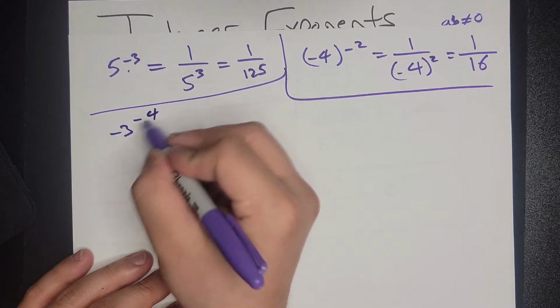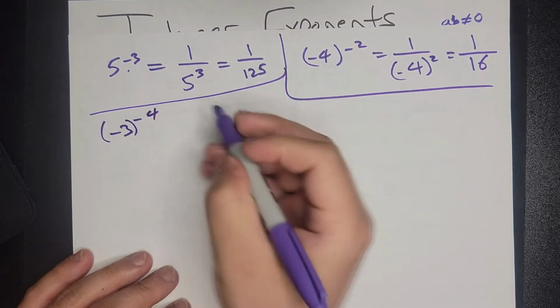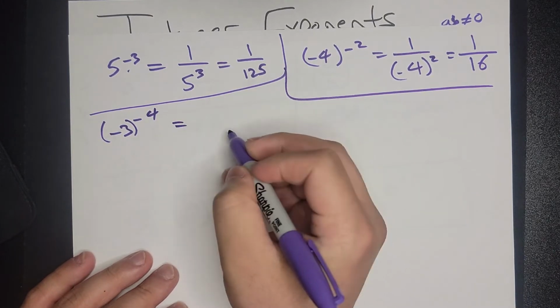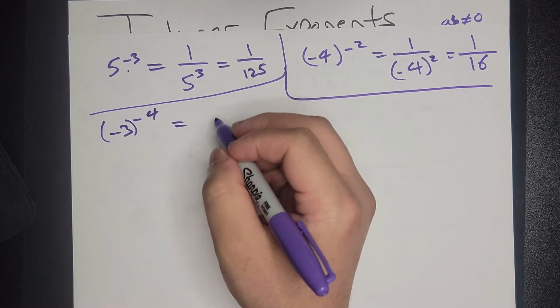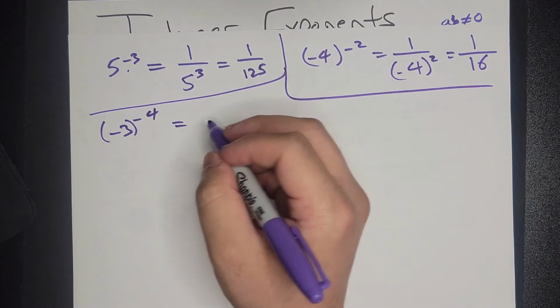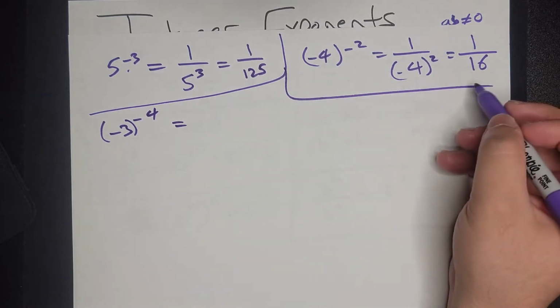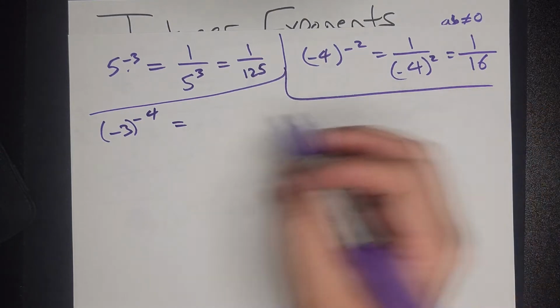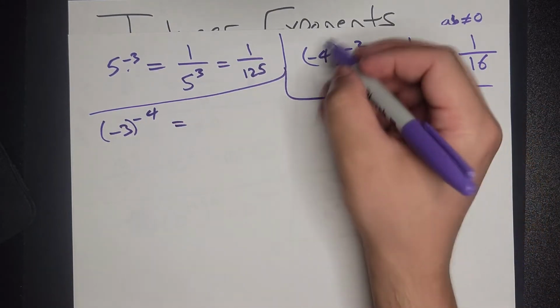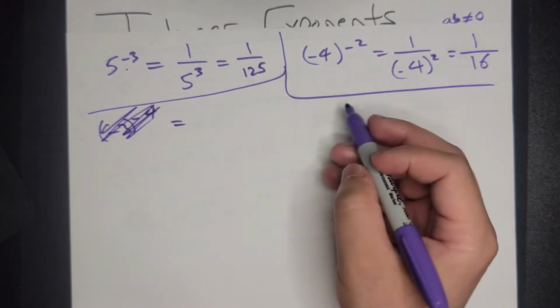3 to the power of negative 4. That is another way that we could write it if you didn't want to take the negative downwards. Actually, wait. I wrote this wrong.